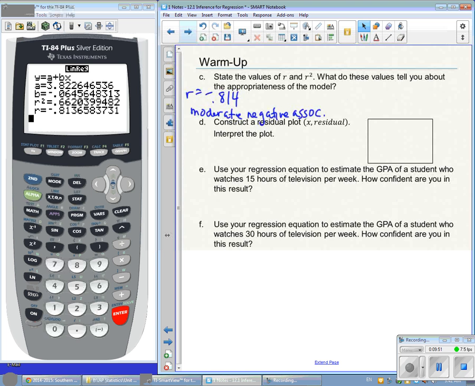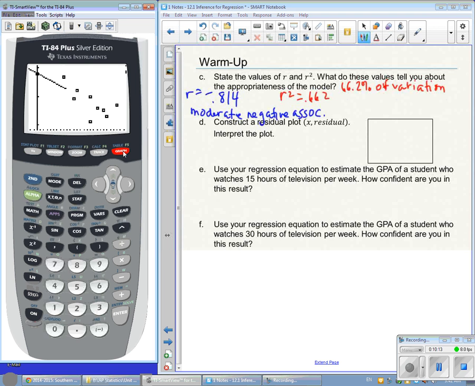Okay, close. So r squared in this case is 0.662, which basically is telling us that 66.2%, now it's not of the data, we're saying of the variation in the y variable. Because remember, if I go back to my graph for a second, now I see my regression line cutting through the points, it doesn't hit every point.